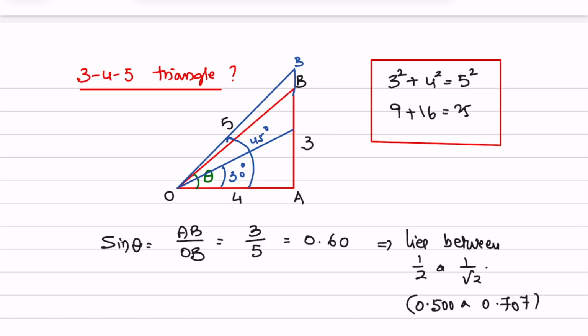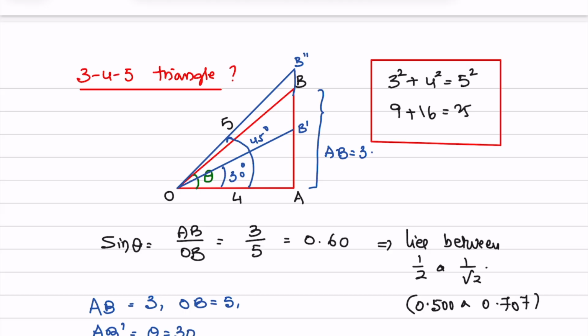This is B double dash, this is B dash. That means B dash is lesser than AB. AB is equal to 3 here. This 3 is AB. AB dash is for theta equal to 30 degrees and AB double dash is for theta equal to 45 degrees.